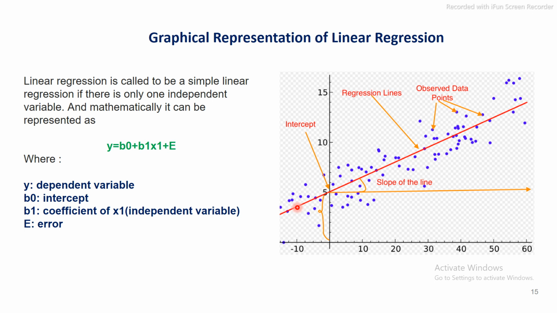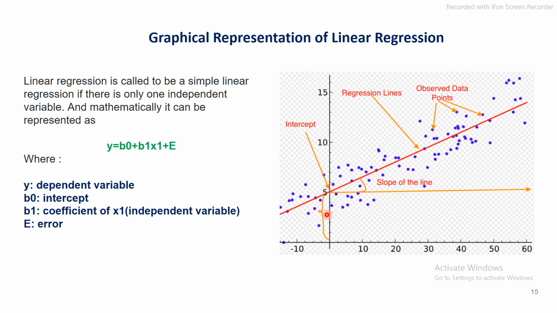If you see this visual, the line of best fit is this and the c part is this. So y equals b1 is m and x1; x1 is one independent variable, and its coefficient is b1.